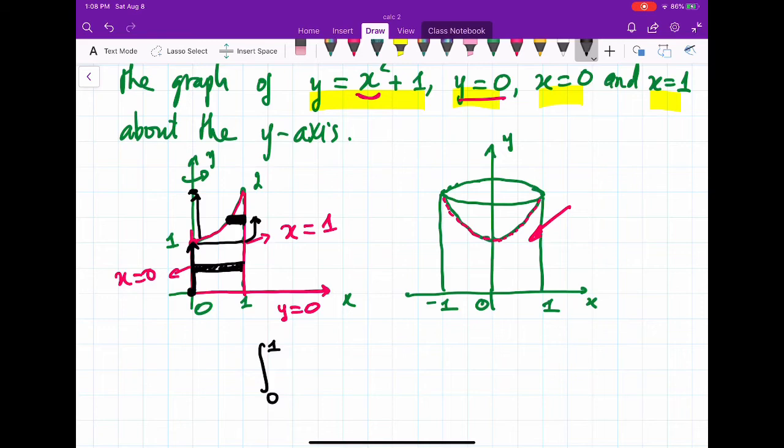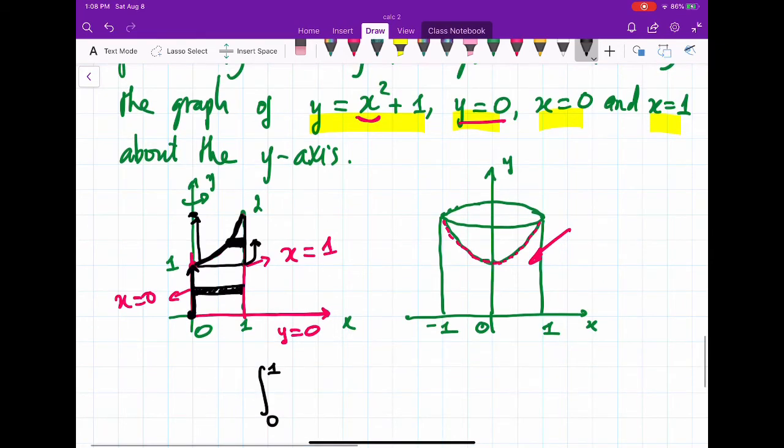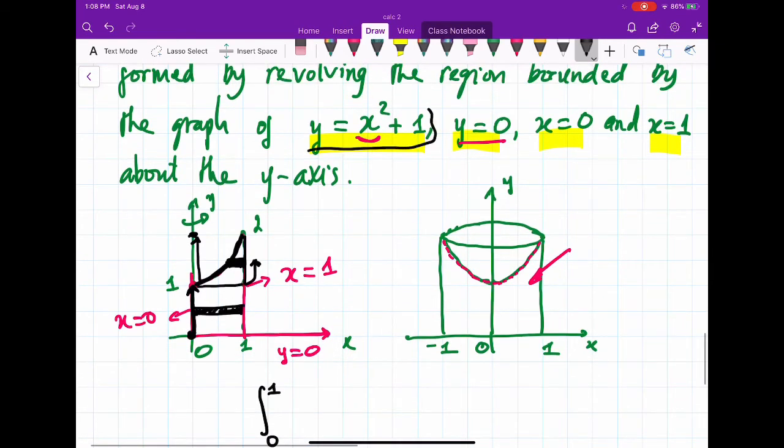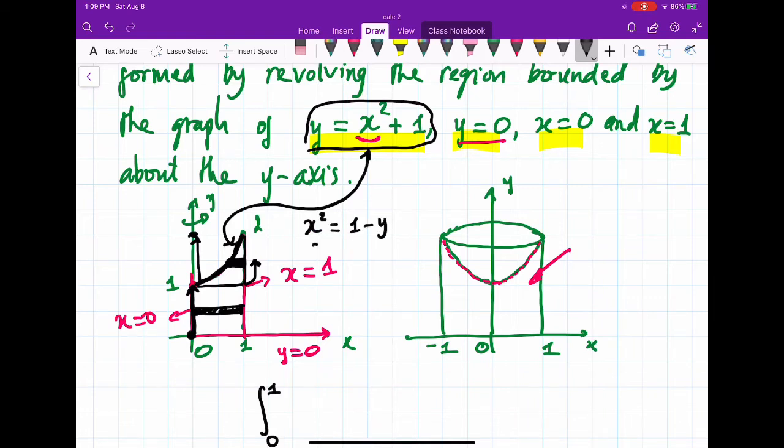you have a very big difference in here. Because the difference in that case is x equal to 1 and this curve. Agree? And this curve, if you express the parabola x as a function of y, you would have the following: x squared equal to 1 minus y, then x equal to square root of 1 minus y.